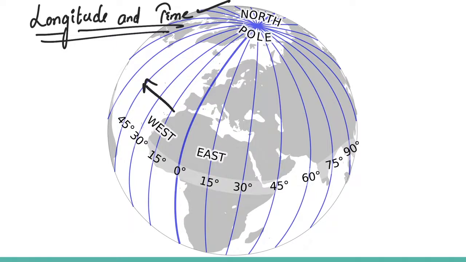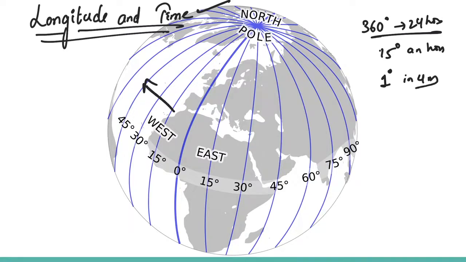The rate of difference can be calculated as the earth rotates 360 degrees in about 24 hours, which means 15 degrees in an hour. That means 1 degree in 4 minutes.